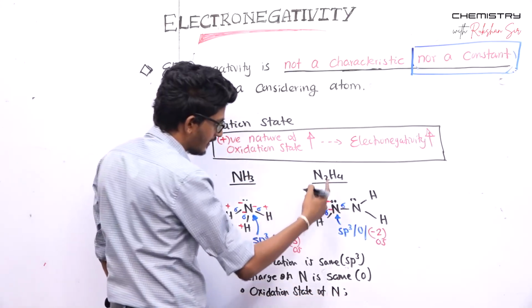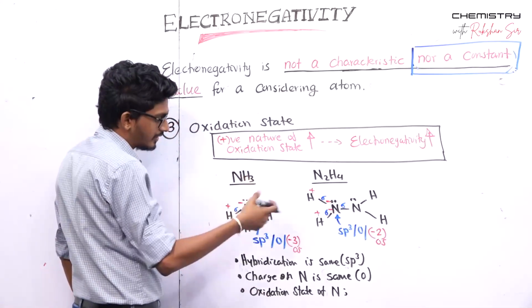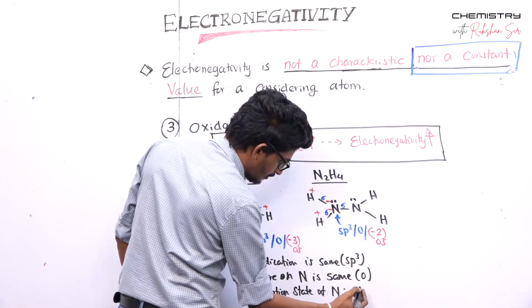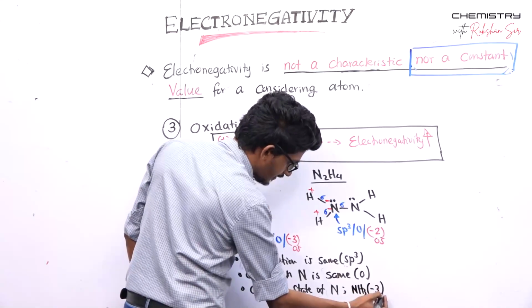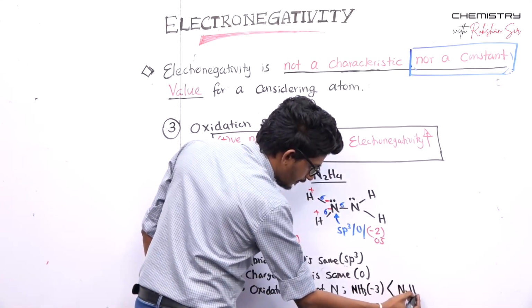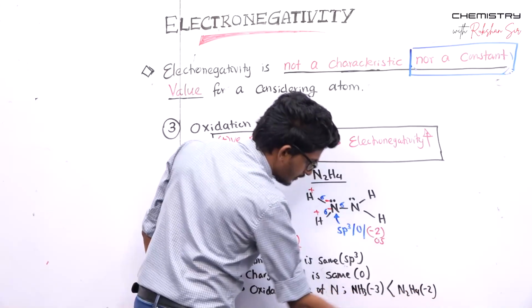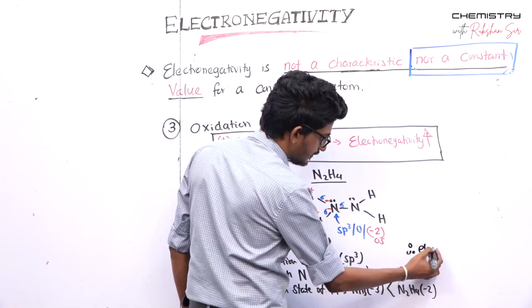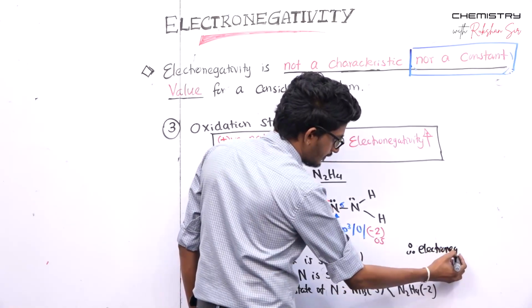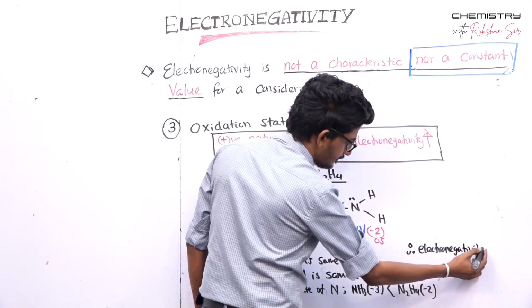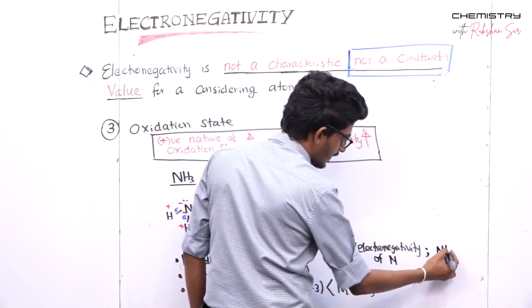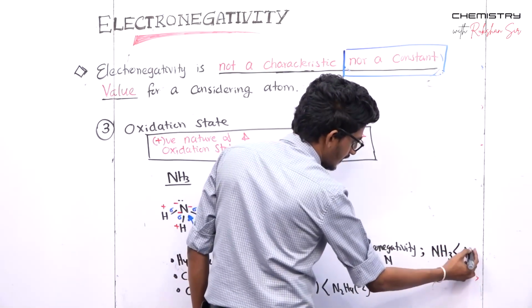The positive nature is greater in N2H4. For NH3 it is minus 3, but for N2H4 it is minus 2. So you can say that the electronegativity of nitrogen is greater in N2H4.